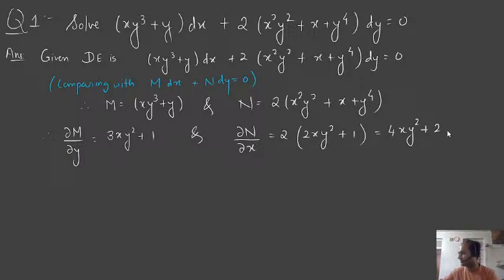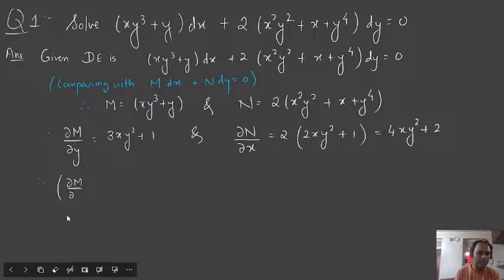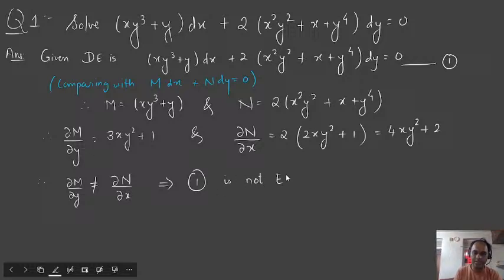Now when we solve this further, for the first question we can say here that the partial of M with respect to y is not equal to the partial of N with respect to x, which implies that equation 1 is not exact.